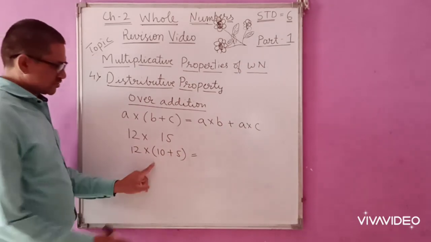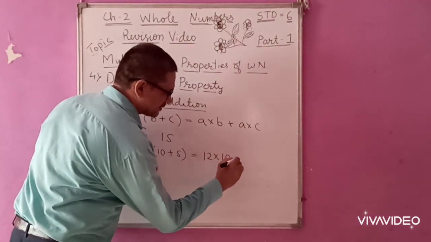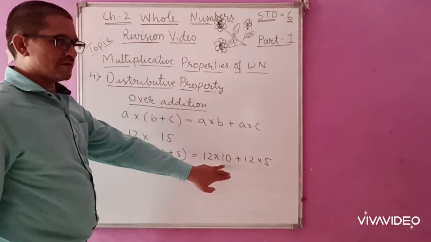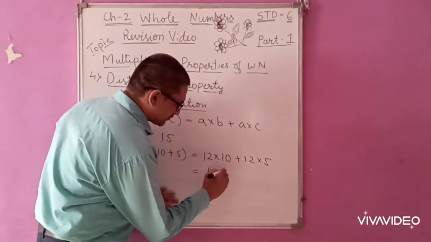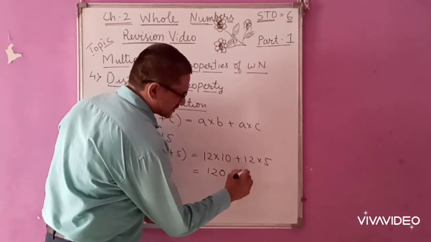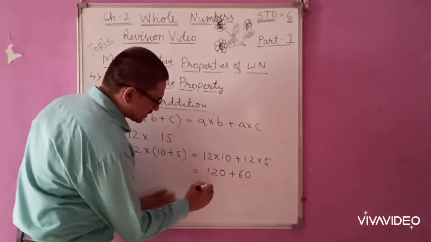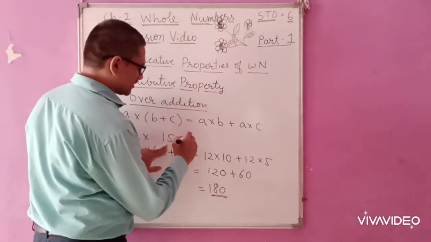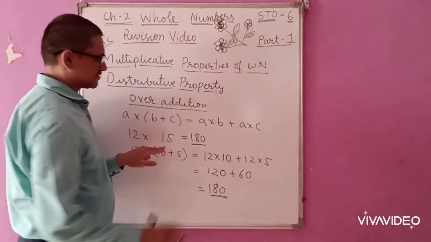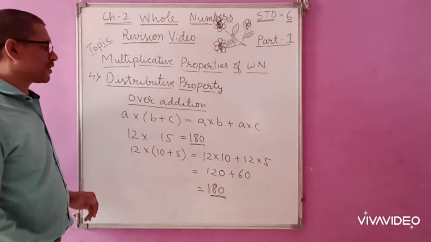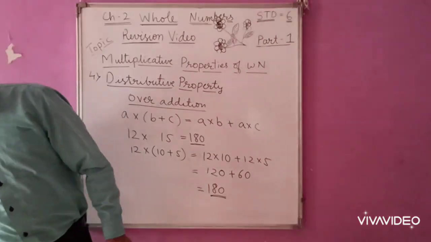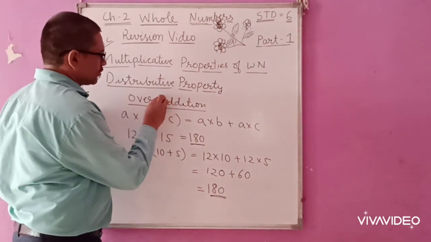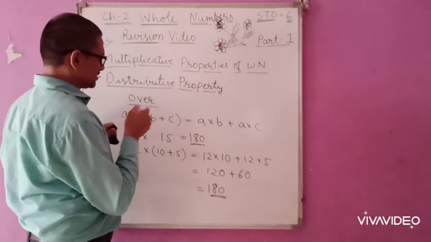So 12 into 10 plus 12 into 5. 12 into 10 is 120, plus 12 5s are 60. So the answer is 180. So 12 into 15, you get the answer as 180. So this is the distributive property of multiplication over addition. Next property, over subtraction.